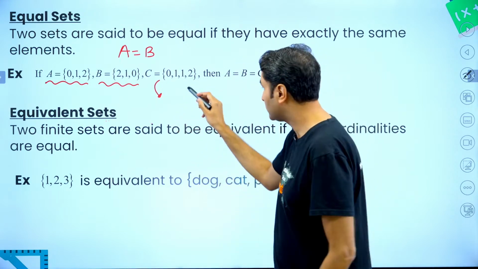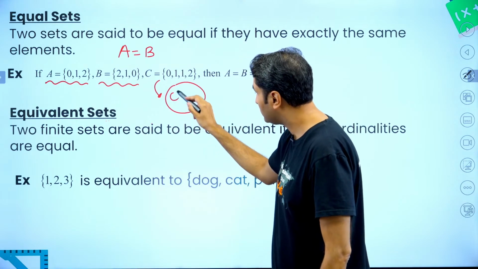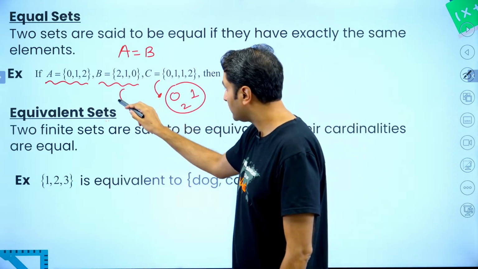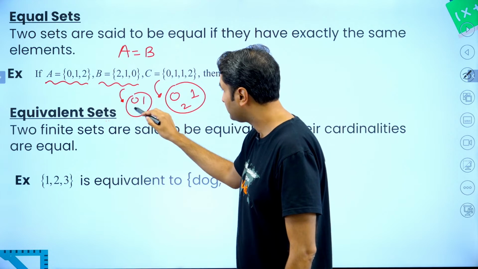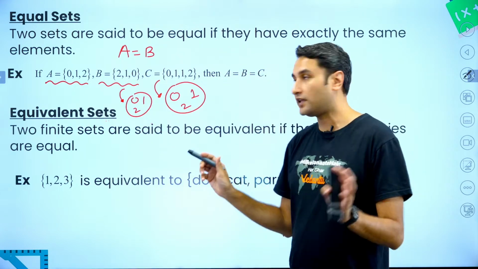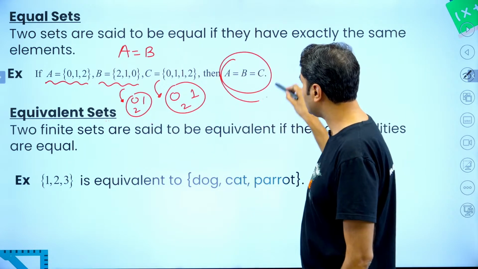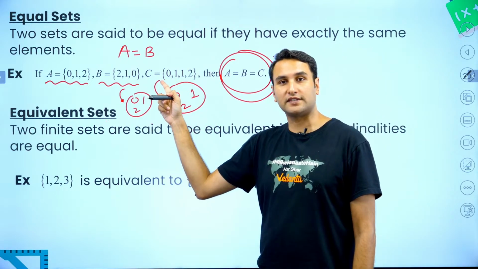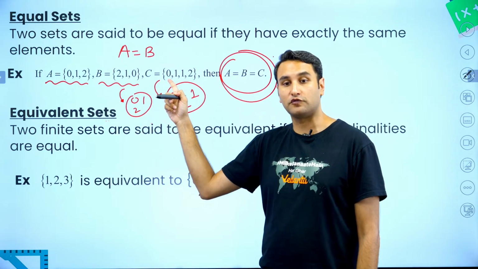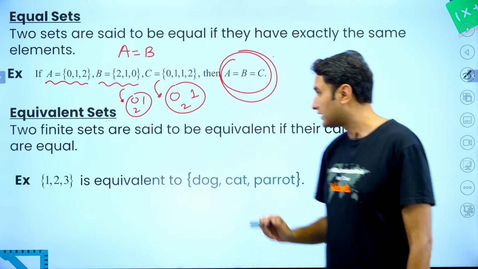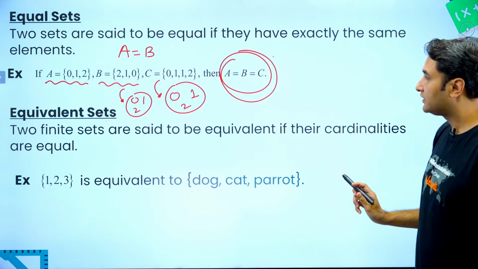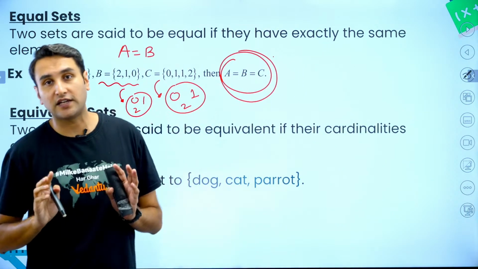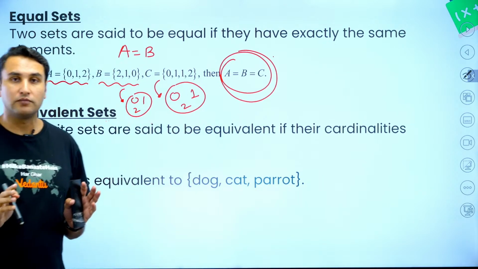Imagine this was a box. So what will be in the box, children? 0 will be there, 1 will be there and 2 will be there. In this box again 0, 1 and 2 will be there. All these are equal. So A equal to B equal to C is very important. So again I purposely took this example so that you don't get confused. Got it? Clear?